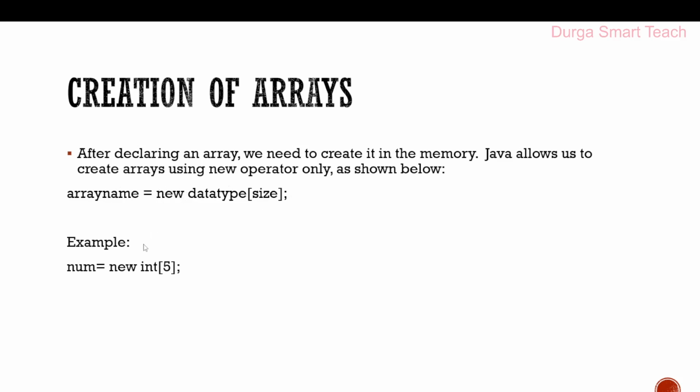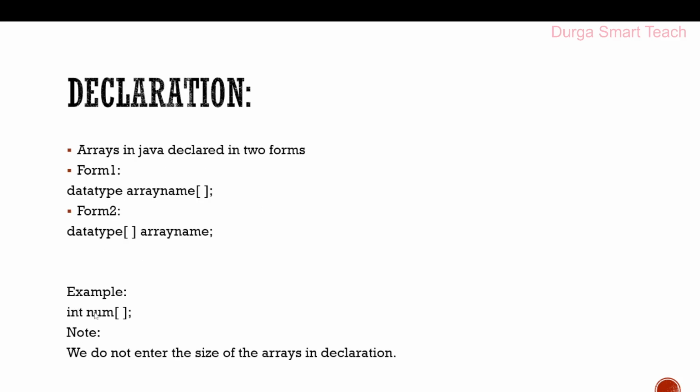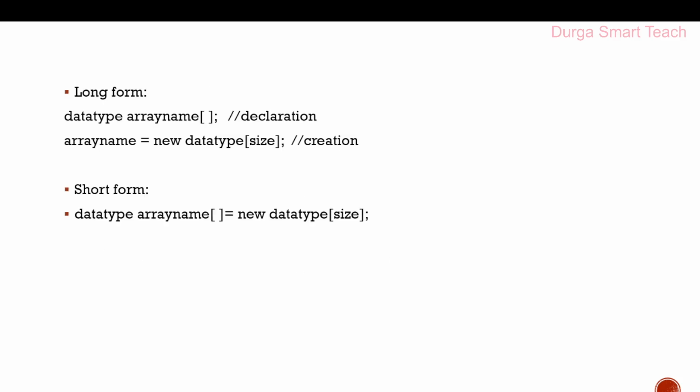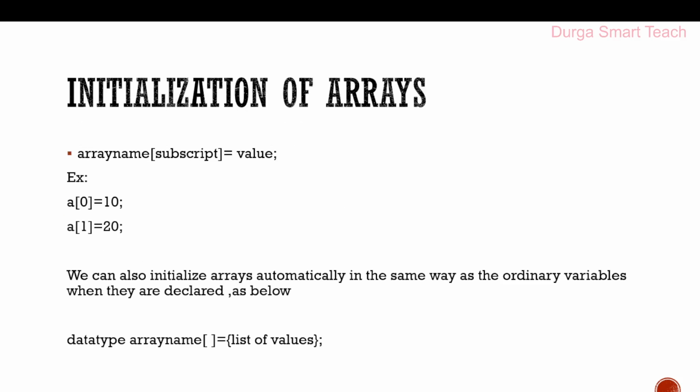So here int num square brackets, and after that array name. Array name is num, new data type is int of size 5. So 5 memory locations are allocated continuously. You can store 5 elements. After creation of memory locations, the next step is initialization.